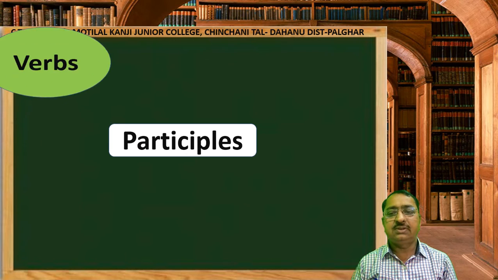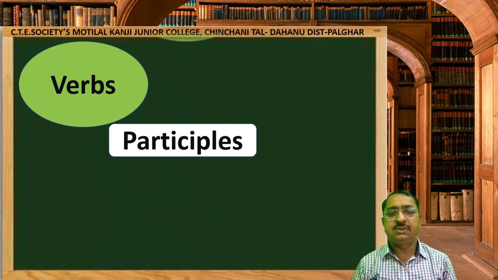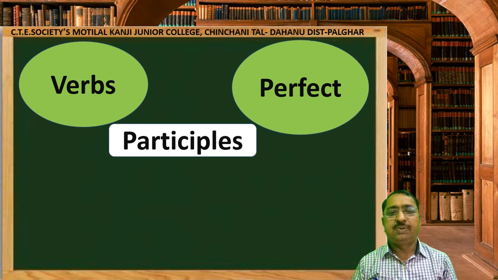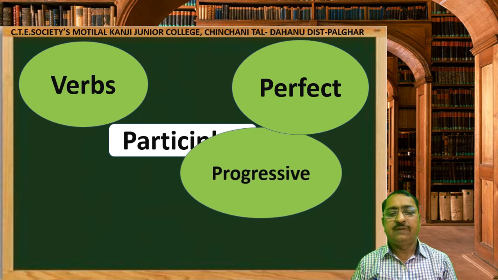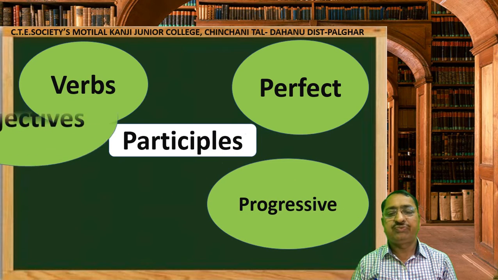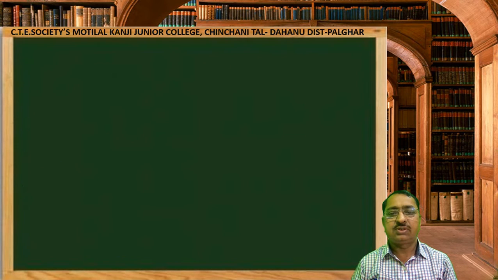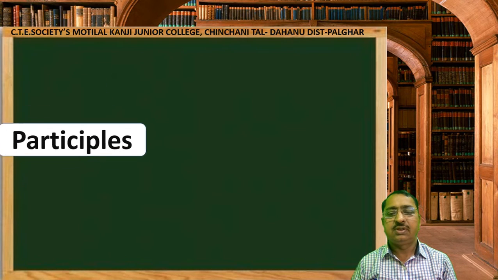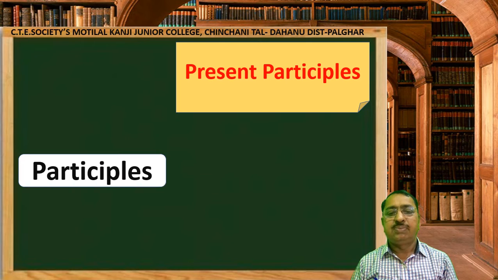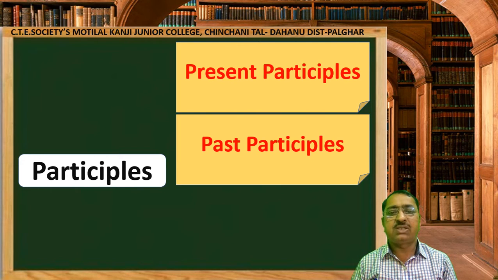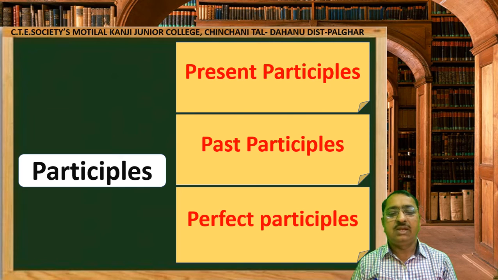Participles are verbs, perfect, progressive and adjectives. Participles are present participles, past participles and perfect participles.